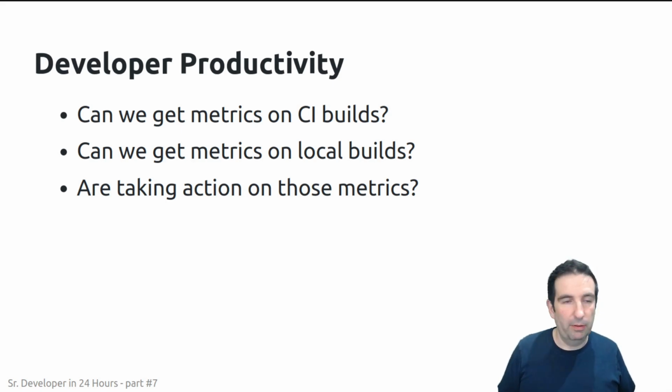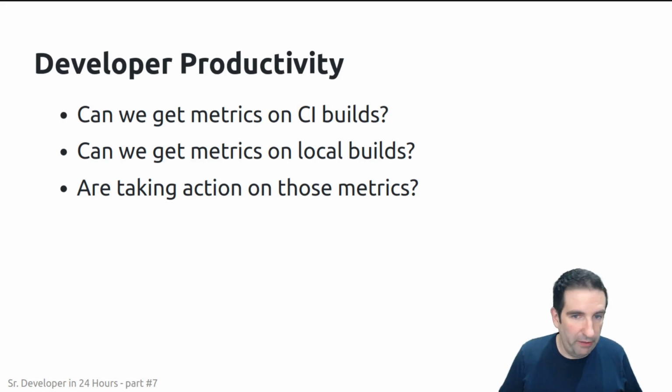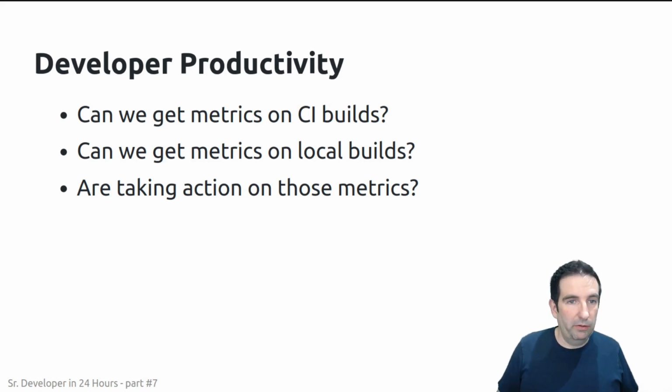For example, if our builds are getting slower, if we have the right metrics, we can start investigating why did this happen. Hey, did we add a very large dependency that is getting constantly pulled and is not getting cached properly? Is some of our caches not working as expected for whatever reason? Did we introduce something in the environment, for example, networking that is running slower, things like that?